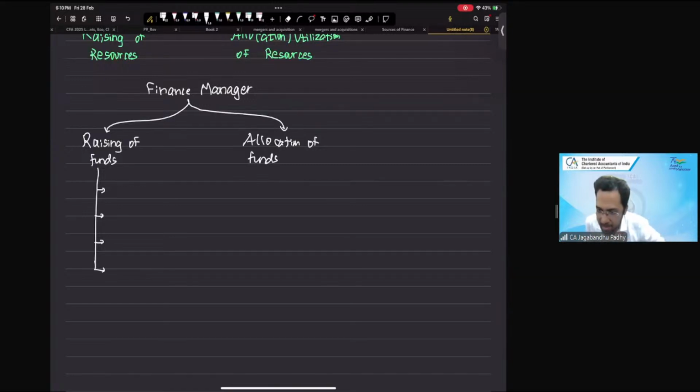So as a finance manager, you should ideally be knowing what are the sources available for funds. So raising of funds, we can say sources of funds. Raising of funds, we can have one aspect as understanding what are the different sources of funds. Don't worry. In today's session itself, we are going to learn a lot of sources of funds.